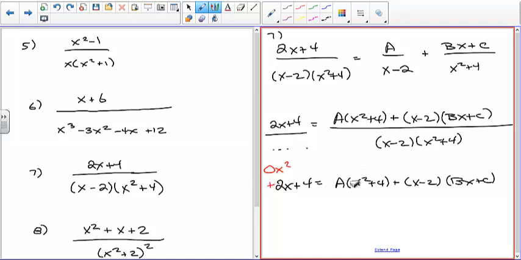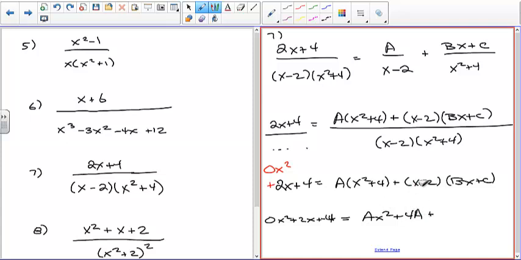Before we can do that, though, we're going to multiply, get rid of all these parentheses. So we're going to have 0x squared plus 2x plus 4. We'll get ax squared plus 4a. So a times that is ax squared, 4a. I put the number first and the variable second.